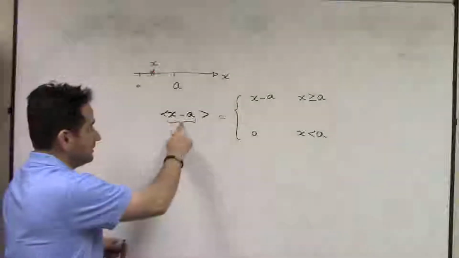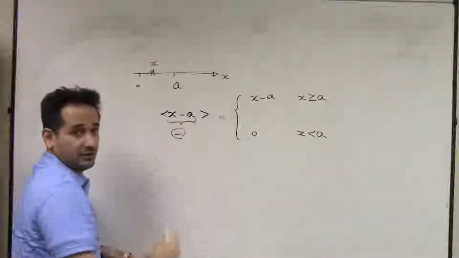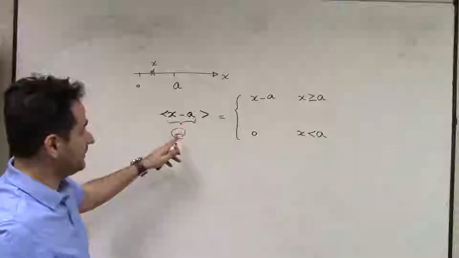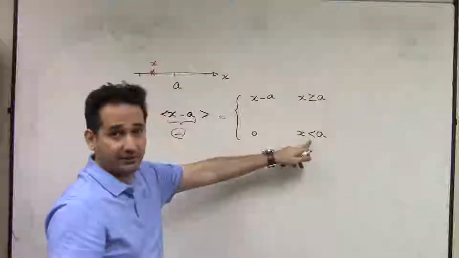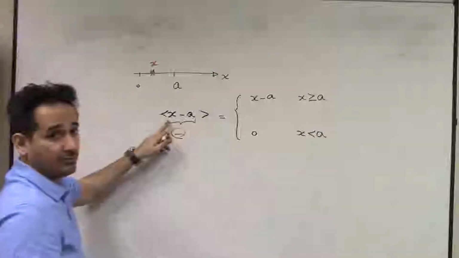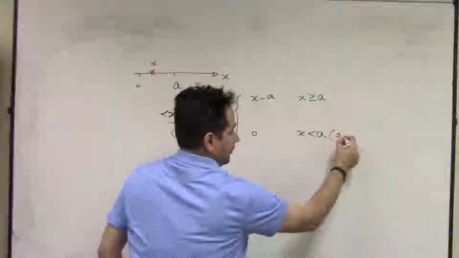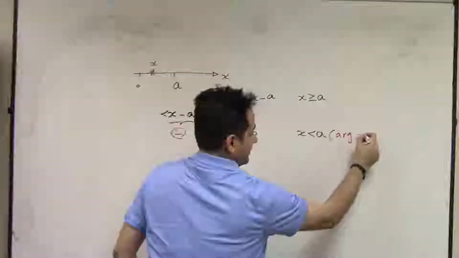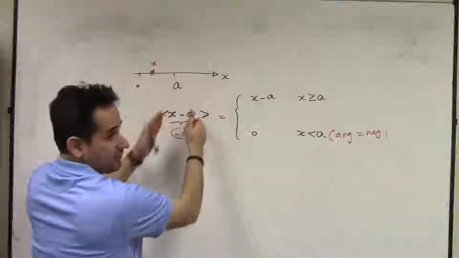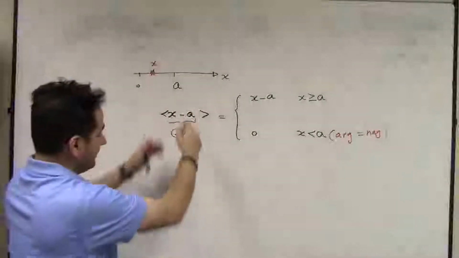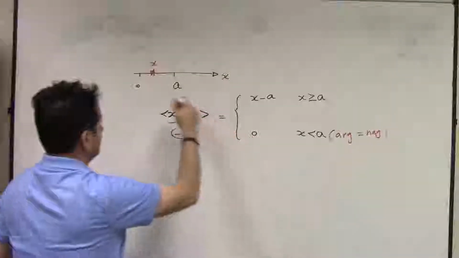This argument is negative, right? Argument means the entirety inside the Heaviside. If that value is negative, then you get 0.